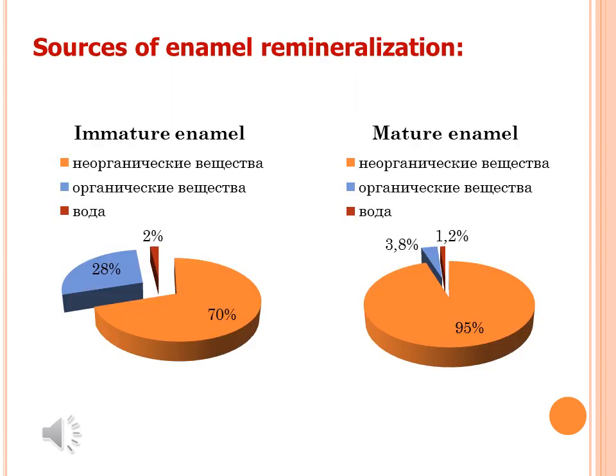Depending on the degree of mineralization and the thickness of the enamel, there are risk zones on the tooth. These are poorly resistant areas of tooth enamel. For example, the enamel in the fissure area and the neck of the tooth is hypomineralized.